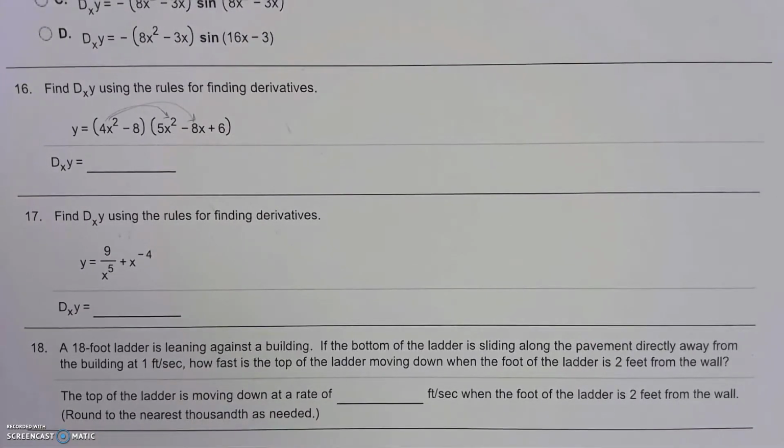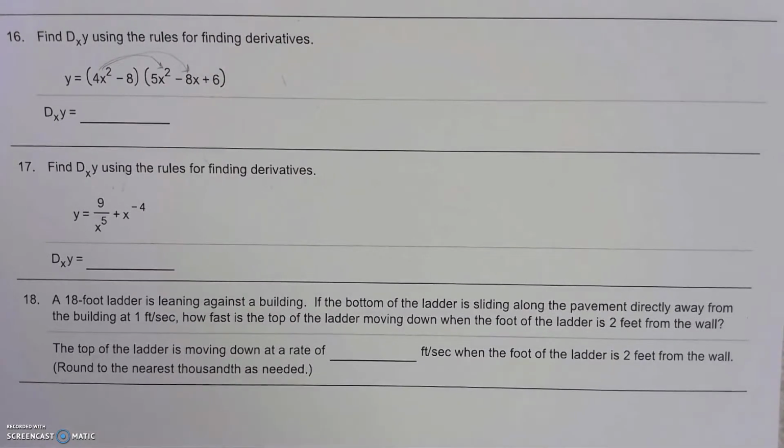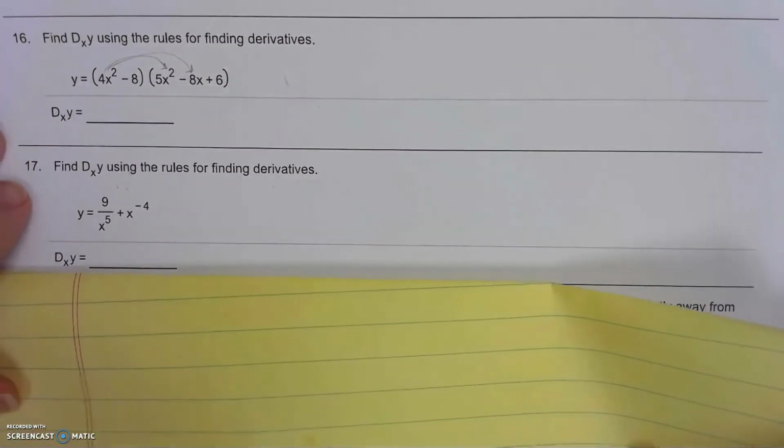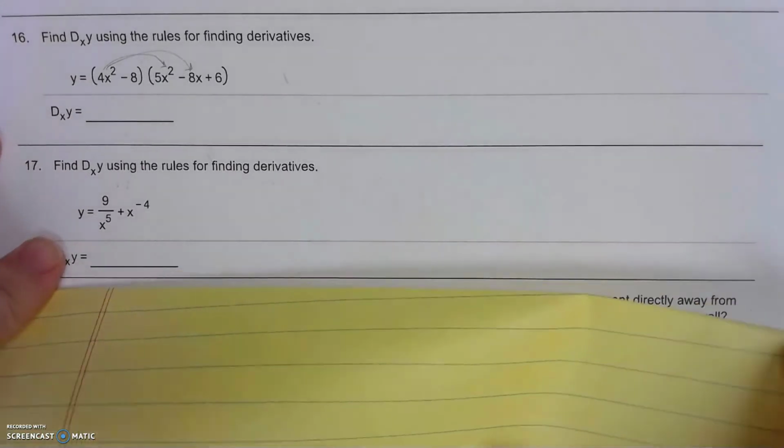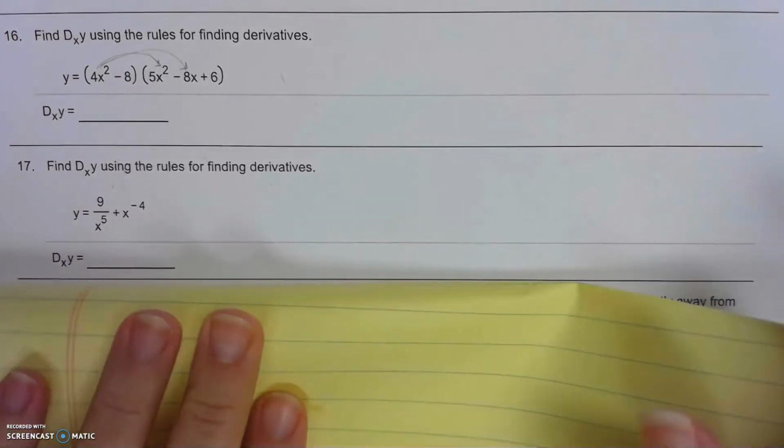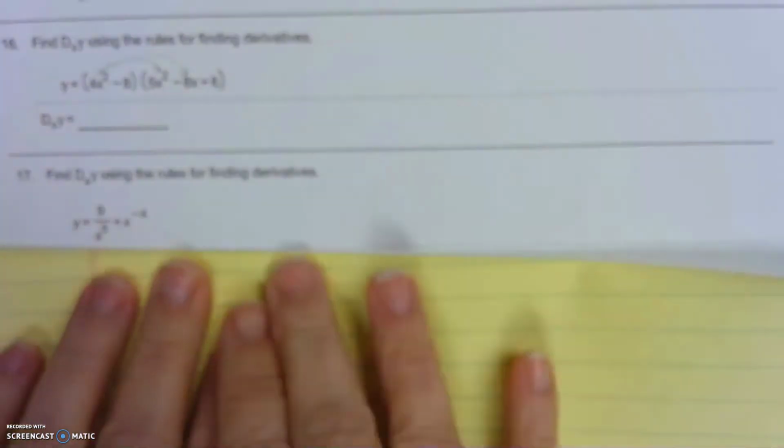This one says find the derivative of y with respect to x using the derivative rules. Now there is a quotient in there, but you're not dividing it into another function, and it's not a function.